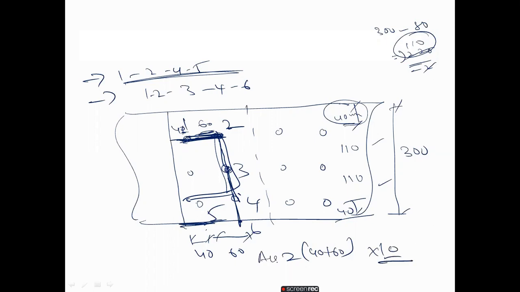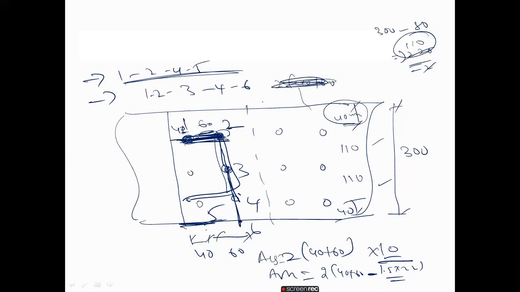That is the Avg. And how will we calculate Avn? 2 times 40 plus 60 minus, you have to remove the hole portion, which is 1.5 times the diameter of the hole. It is the same in the net area.